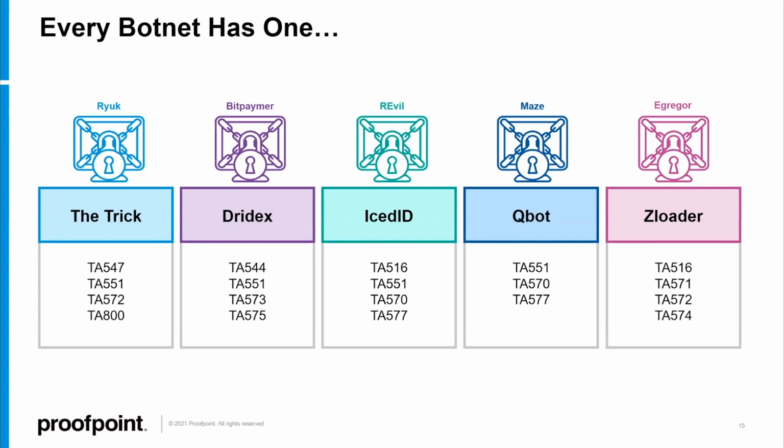So we have this robust ecosystem of criminal connections where we have some people who are spamming out the campaigns, and we have some people who are maintaining the botnets, and we have some people who are executing the ransomware.